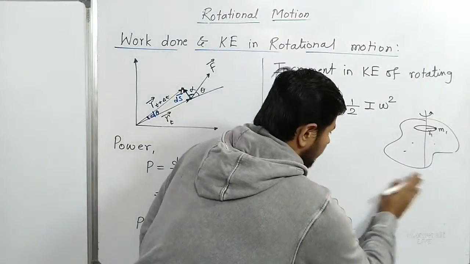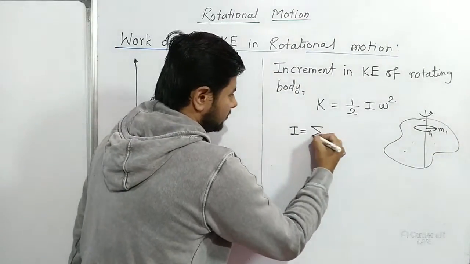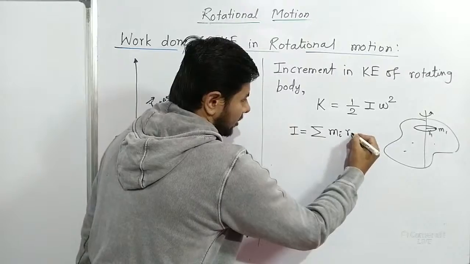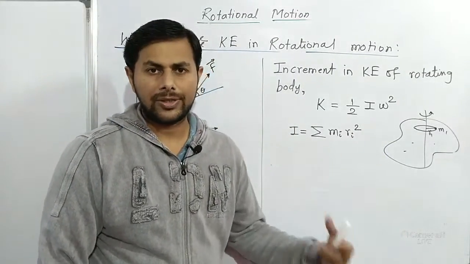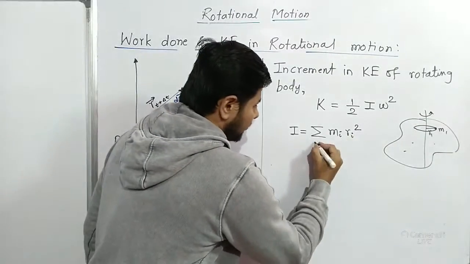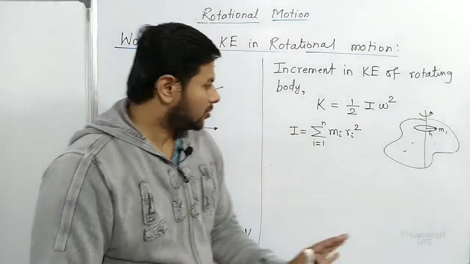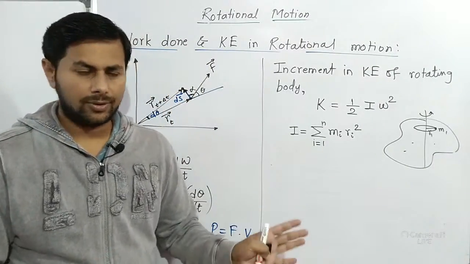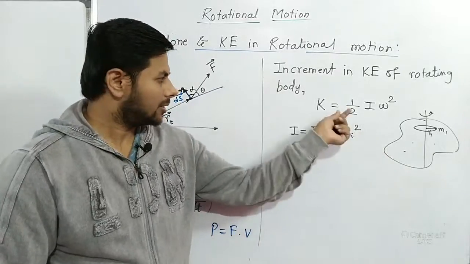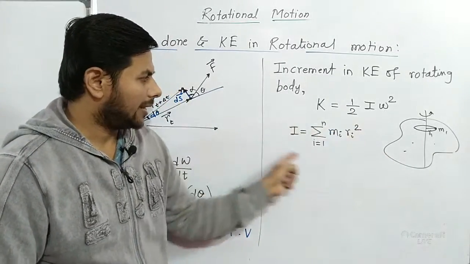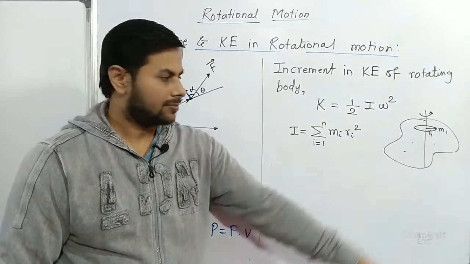So the moment of inertia of the body I is equal to the sum of mi ri squared. So it is m1 r1 squared plus m2 r2 squared, and so on and so forth, where i changes from 1 to n. The kinetic energy of a rotating body is given by half I omega squared, where omega is its angular velocity.